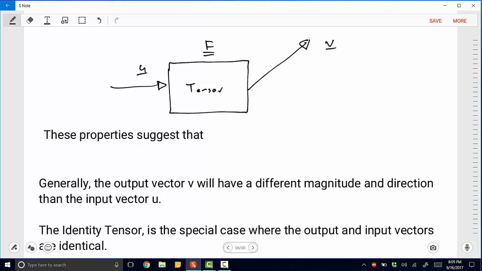So this property, if we have an input times a tensor and we get some output, suggests that the multiplicative operation we're producing here would be the tensor dot product our input vector.